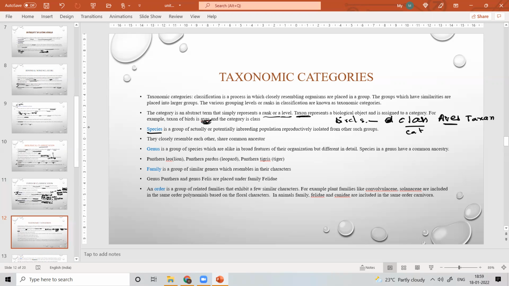A species is a group of actually and potentially interbreeding populations which are reproductively isolated from other such groups. That means a species is a group of organisms which can interbreed and make fertile, healthy offspring among themselves.